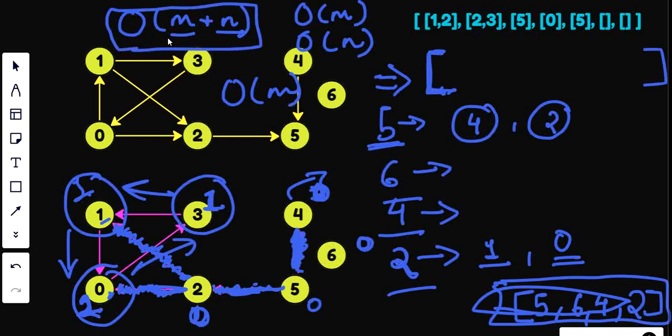Space complexity will also be equivalent to big O of m plus n. Why? Because firstly we are having big O of m for that adjacency list and big O of n for in degree list, and then we are having our queue, which in worst case will be equivalent to big O of n.